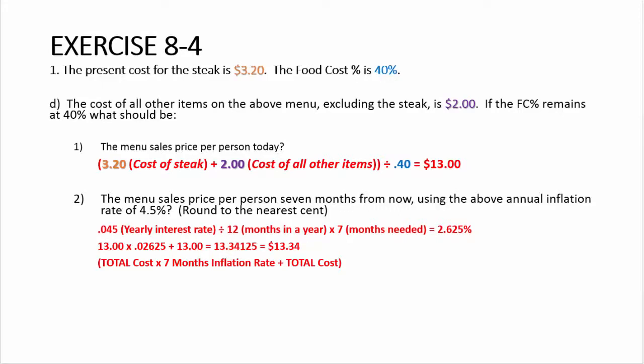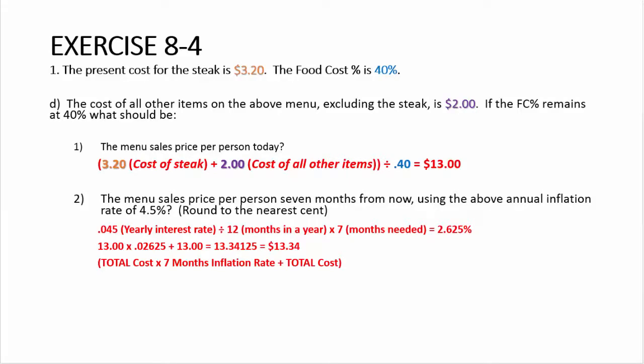Now we come down to the same menu sales price, but we want to add 7 months of inflation using the rate of 4.5% that we had above. The first thing we have to do is get a unit cost for our annual rate. The annual rate is 4.5% or decimal 0.045.